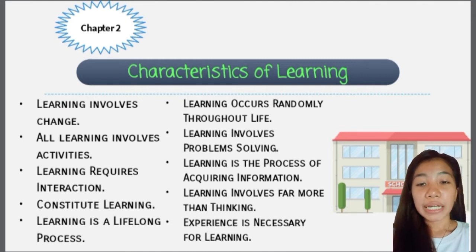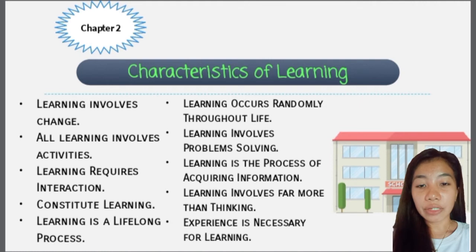In characteristics of learning, learning involves change. All learning involves activities. Learning requires interactions, constitute learning, and learning is a lifelong process. Also, learning occurs randomly throughout life. Then, learning involves problem solving.